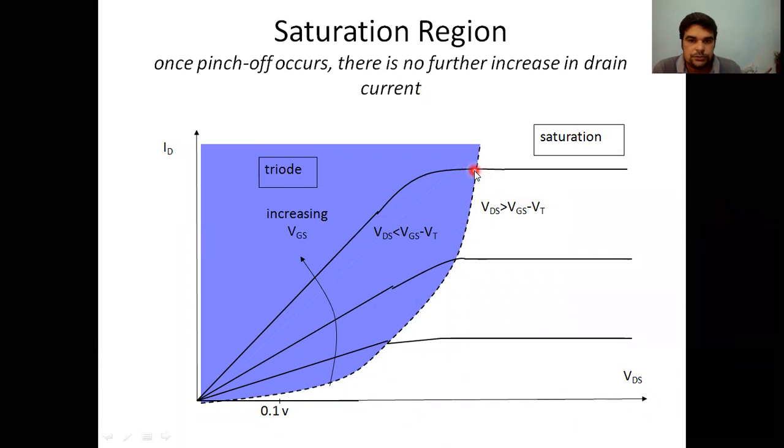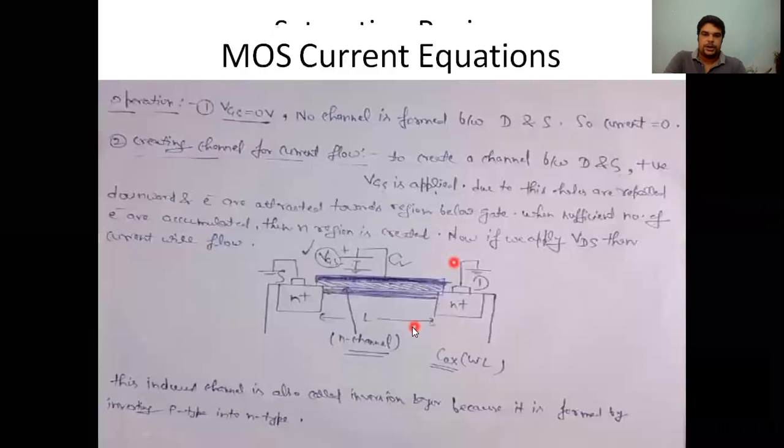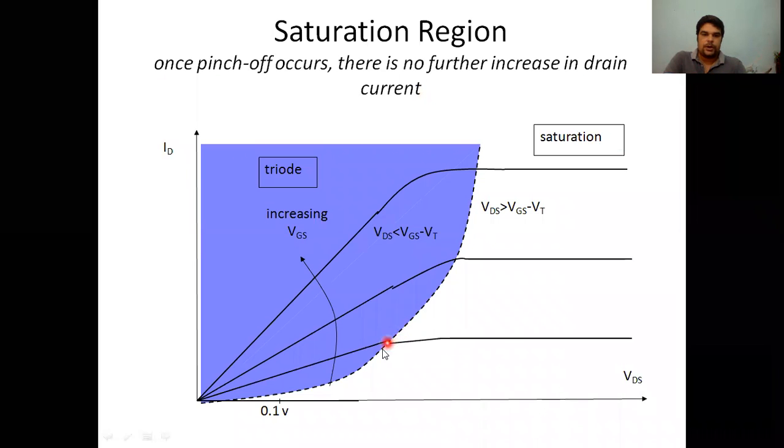And where will the pinch off occur? Pinch off will occur at VDS equal to VGS minus VT. When VDS is less than VGS minus VT, then we have the triode region. Suppose this is the pinch off point, and this is the pinch off point. Then we draw a line like this. So this region is your triode region.